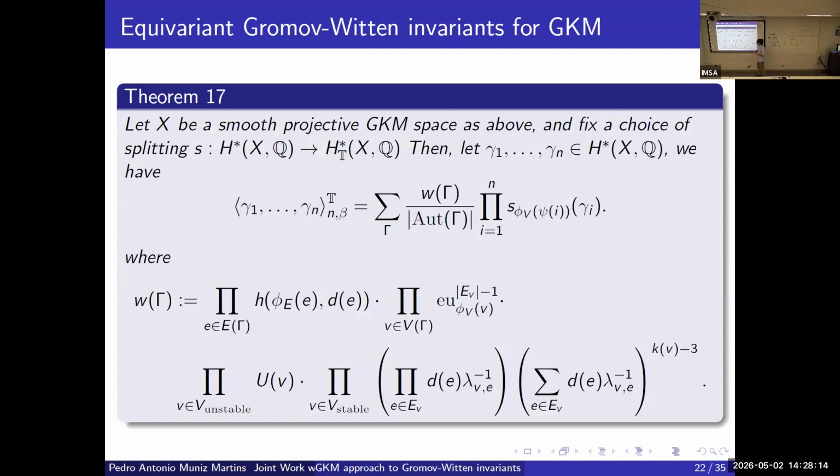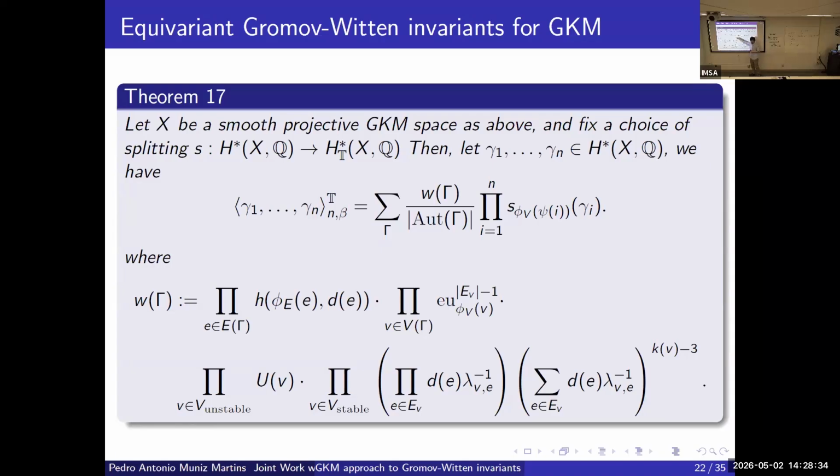If we have a GKM space, and we have a choice of splitting, as I showed earlier, an equivariant lifting, and if we take n classes in the cohomology, it's possible to compute the equivariant invariant between these guys, with a sum like this one right here.